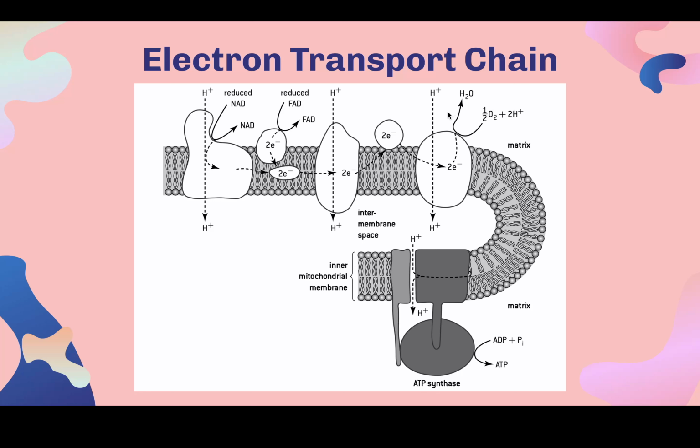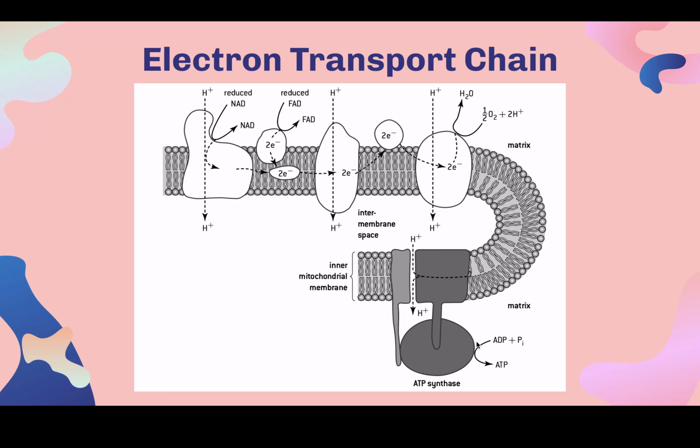Now, while this is happening and the hydrogens are moving into the intermembrane space, since the intermembrane space is tiny, the concentration of hydrogen increases rapidly and then has to move, right? Because there's a higher concentration here and the concentration is lower in the matrix outside, it moves through this protein called ATP synthase, which basically synthesizes, right?